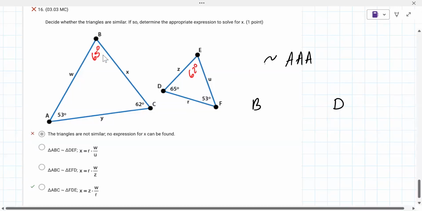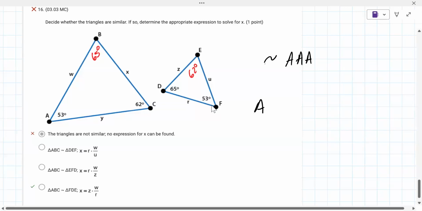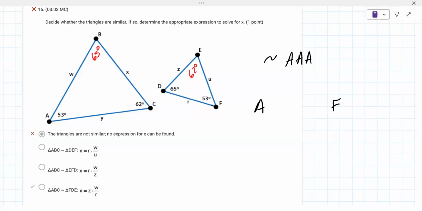But now you gotta be careful. You gotta decide, well, which way am I going? Am I going to the A? And actually, I'm sorry, let's back up here. This is not the right way to do this. Let's start at A. A and F go together.